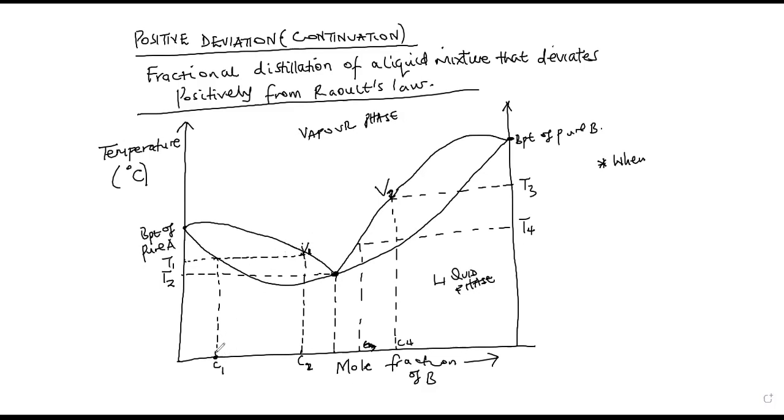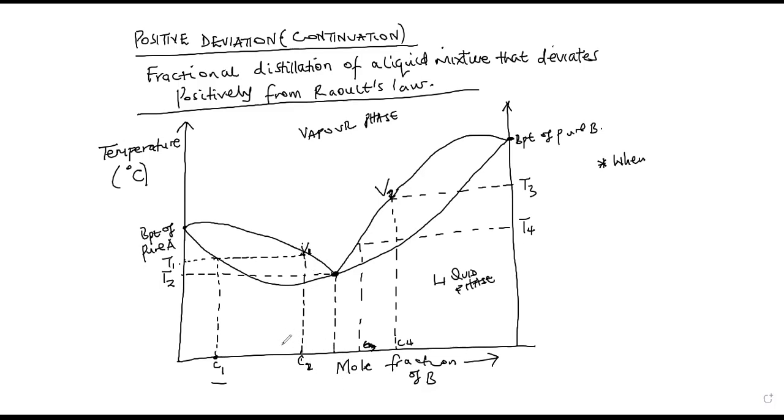Get me properly. When a liquid mixture of composition C1 of B is heated, it will boil at T1, producing vapor V1, which is richer in B. When this vapor V1 is condensed, because when vapor is condensed it produces liquid, it will produce a liquid mixture of composition C2, but of the same composition as V1.